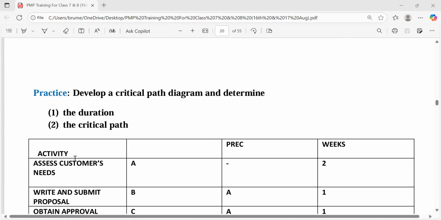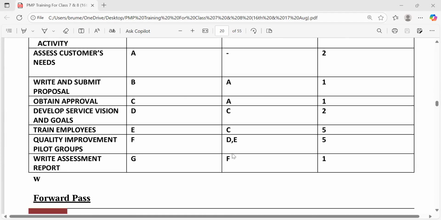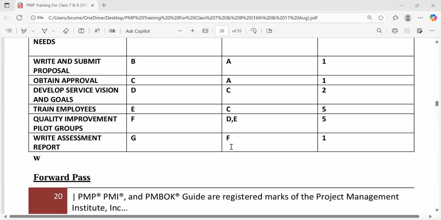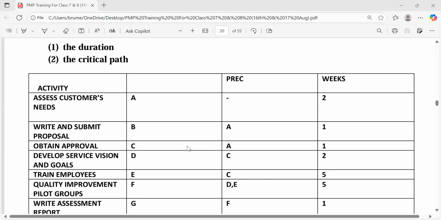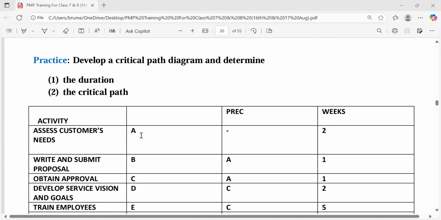So you can use this table that you see here to draw a network diagram. I think it's the assignment I'm going to give you at the end of today's class. So you draw a network diagram and it's easy, right? Now let's take a look at it. Assess customers' needs, which is activity A. The predecessor here is none, which means nothing happened before it, so it is the very first activity, right?